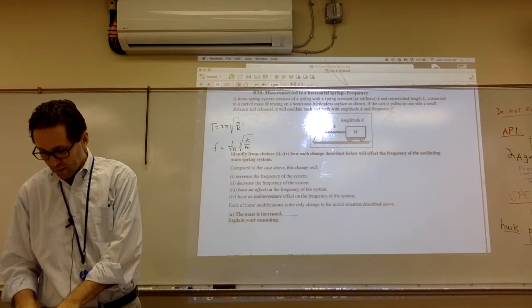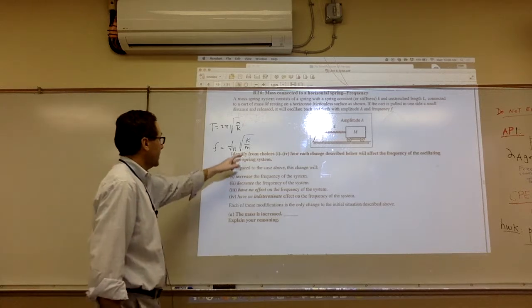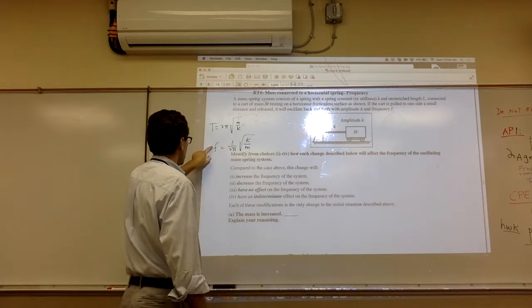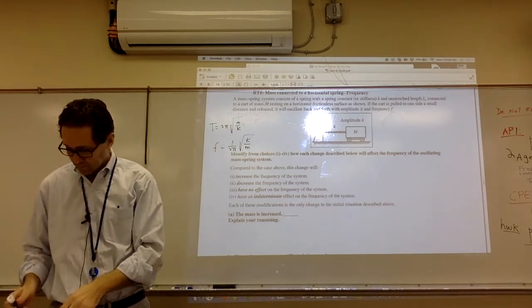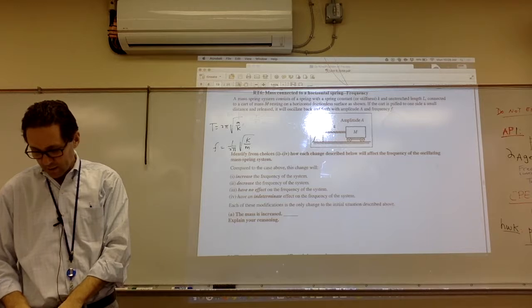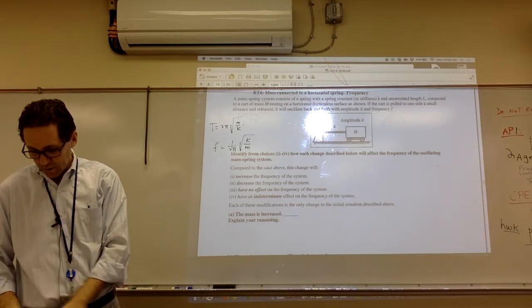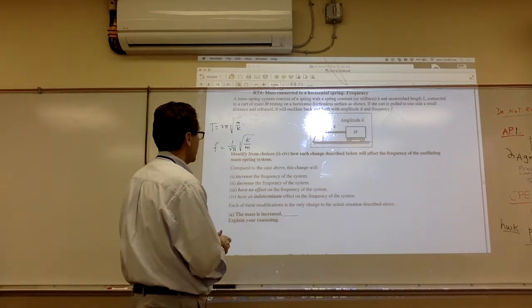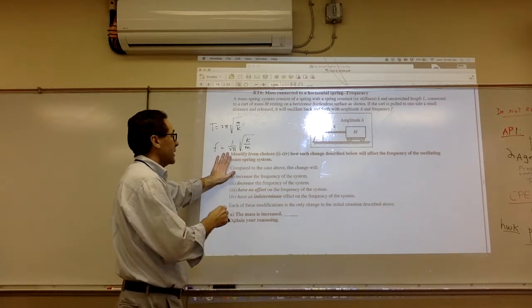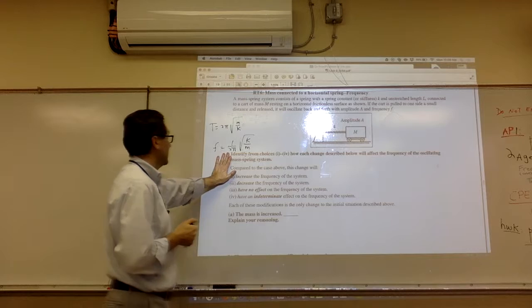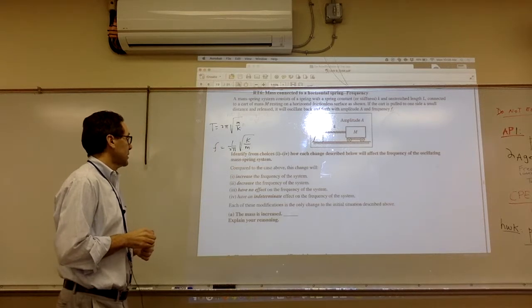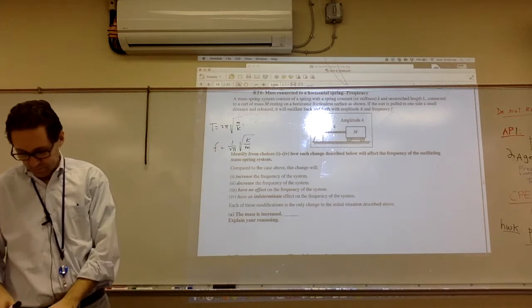Next, the spring constant of stiffness is increased. If I increase K, there is a direct relationship between F and K, so F will increase. The mass is pulled a little further and then released. So we're changing the amplitude, and we explained in class that the amplitude does not affect the period, and consequently it doesn't affect the frequency.